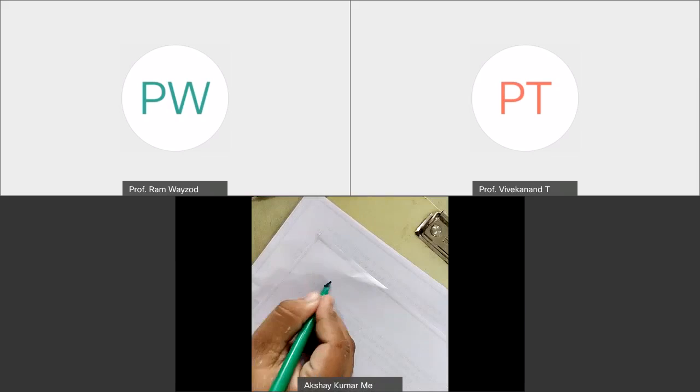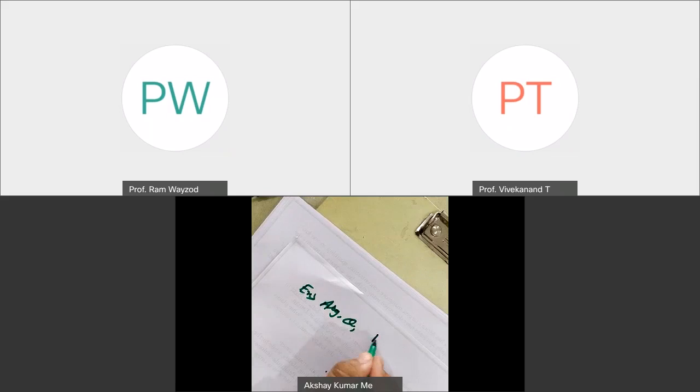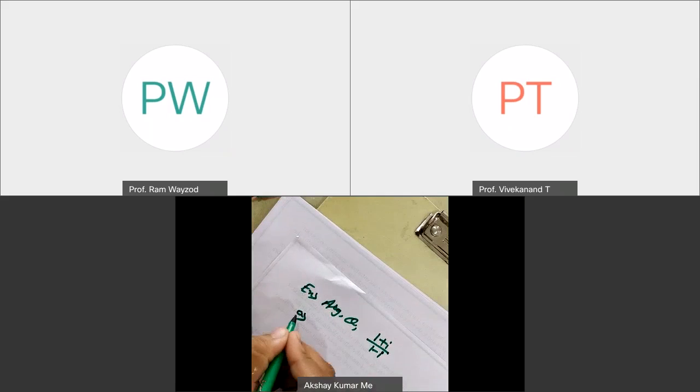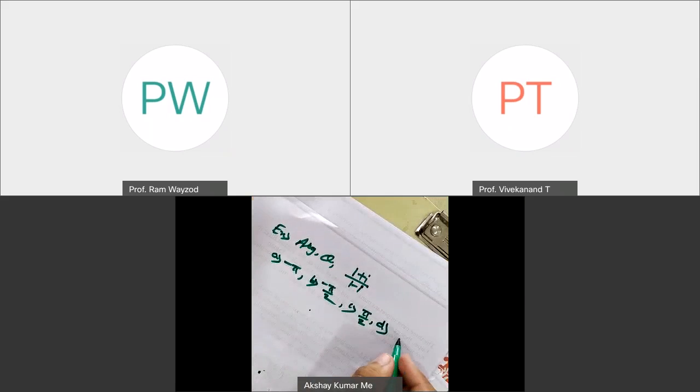Next, argument. The argument is theta of the complex number 1 plus I upon 1 minus I. Your options are first minus pi, second minus pi by 2, third pi by 2, fourth pi.